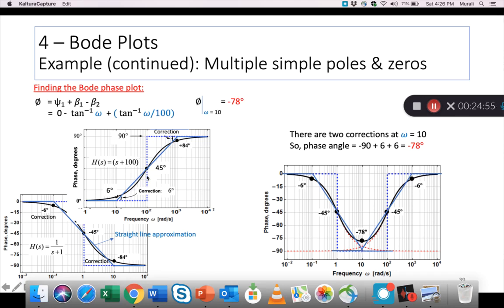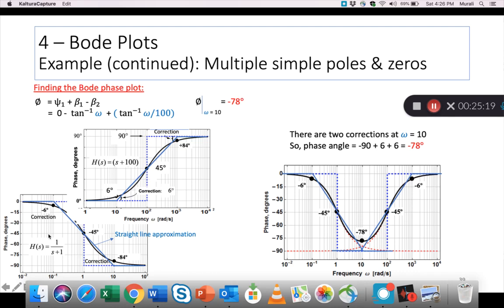Now, once you hit a pole, once you hit a 0 at that point, then you start following these rules. But you're obviously not starting at 0. This is the case if there was only one 0. Because the two are together, you have to think of them one after the other. The effect is one after the other.